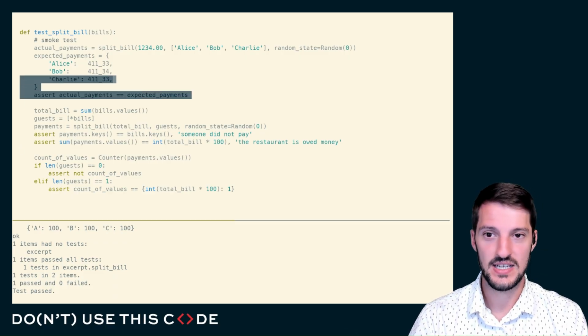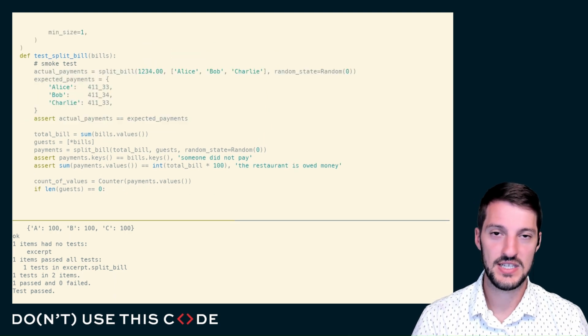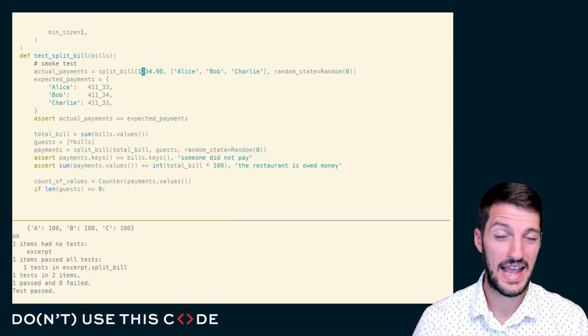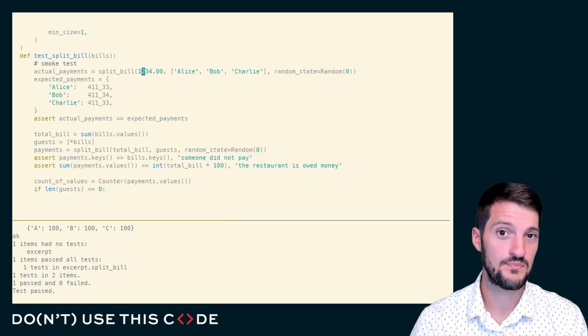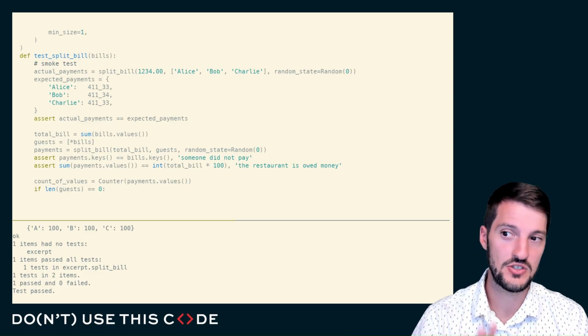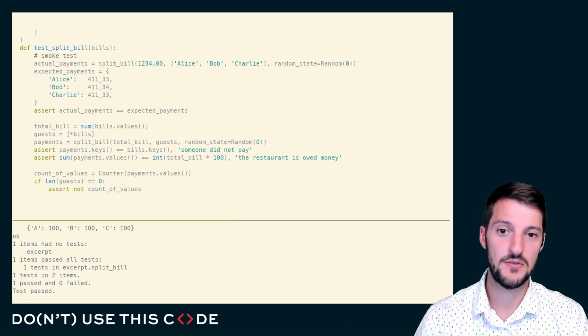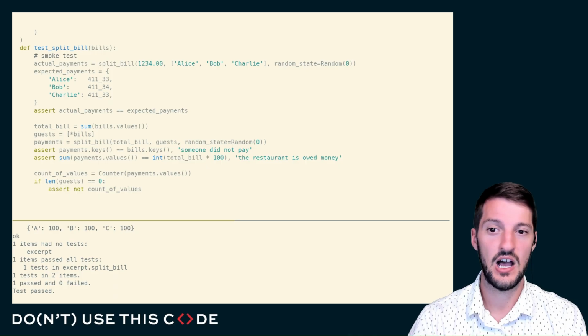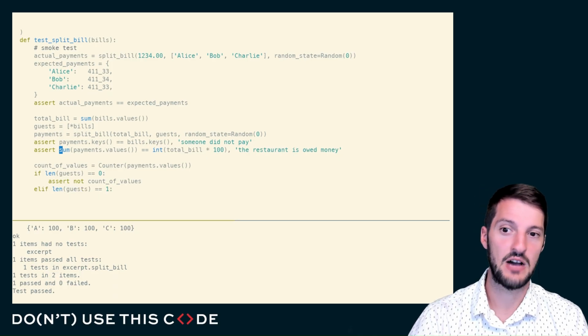If our smoke test is designed to give us just a proof of life signal of, is this code working as we expect it to or not? Well, if it is, it might be in our best interest to do more specific tests. And so our specific tests are going to make some assertions about the inputs and the outputs.